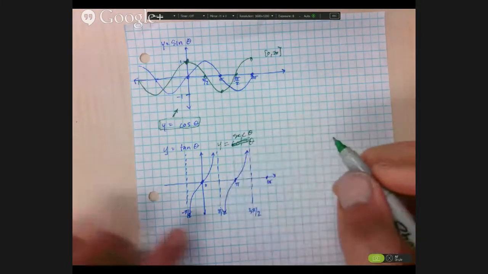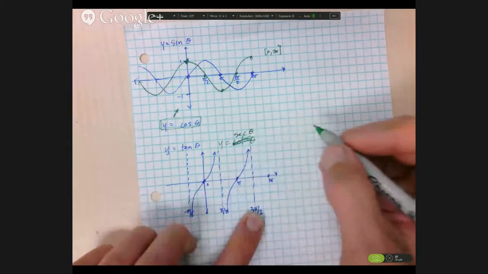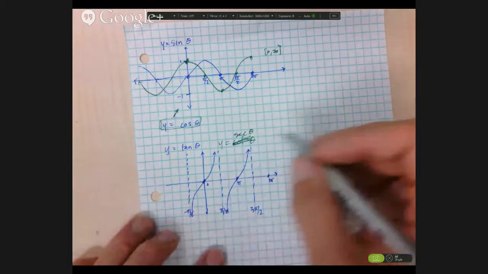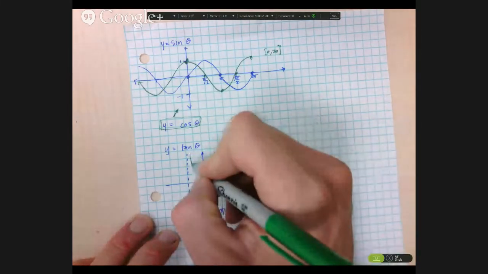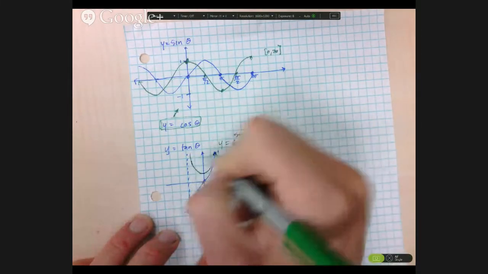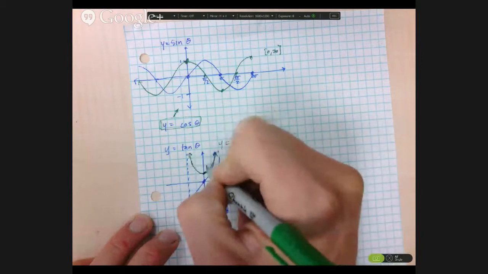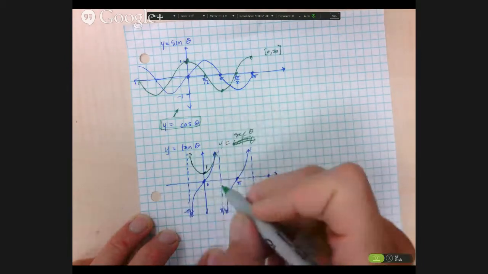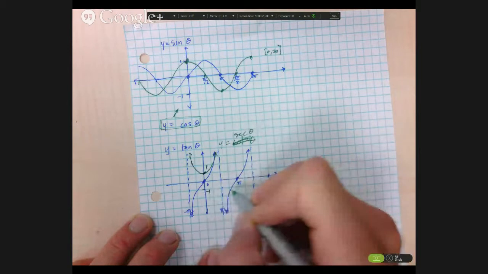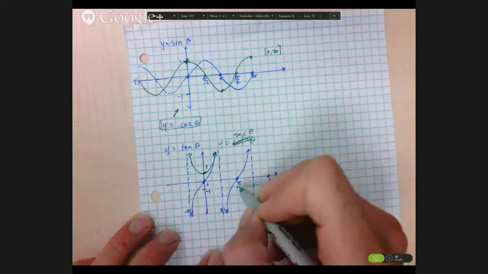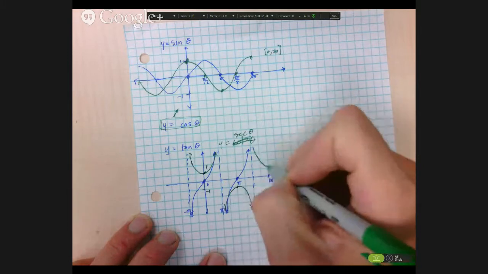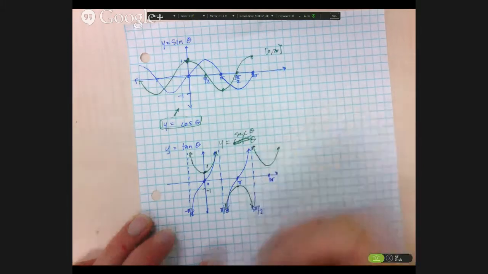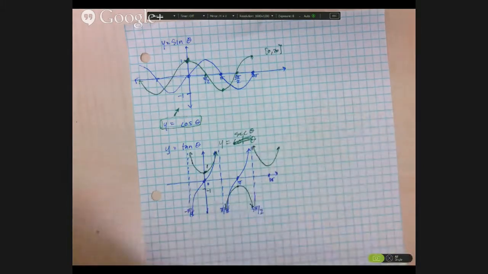Okay, secant has the same undefined spots as tangent, and it looks like this. This spot is 1. Okay, and then negative 1 is, and it continues this pattern. Okay, up and down, up and down, up and down.